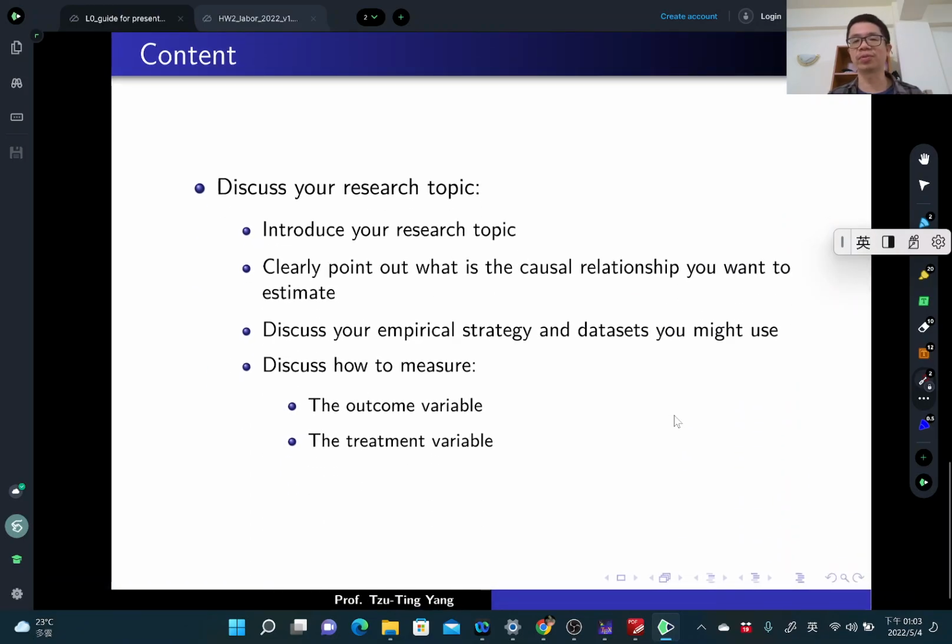As for the content of the presentation, you need to discuss your research topic. First, you might introduce your research topic and your research question, and please clearly point out what causal relationship you want to estimate. You can also discuss how to verify this causal relationship and what identification or empirical strategy you will use, either difference in difference, regression discontinuity design, matching, double machine learning or double selection methods, or synthetic control, something like this.